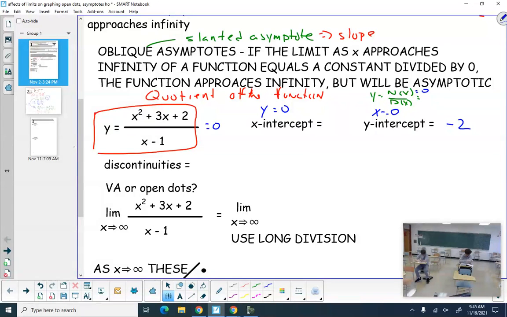So we take a look at our numerator, which is a quadratic, x squared plus 3x plus 2, which we can factor. Go ahead and factor it down and solve for x.